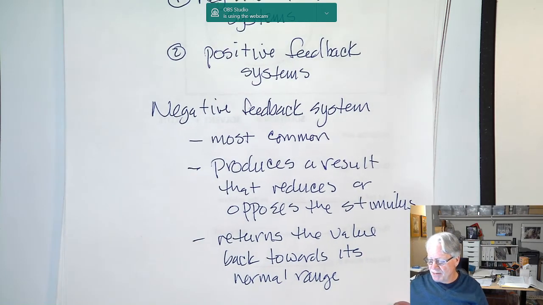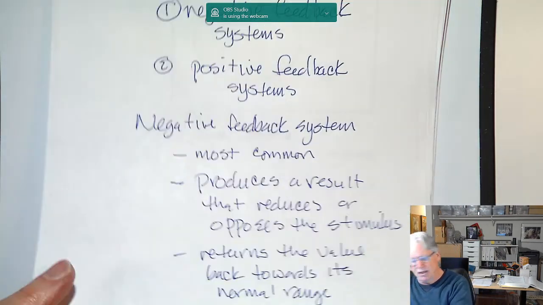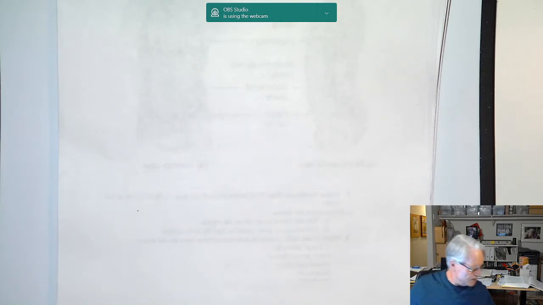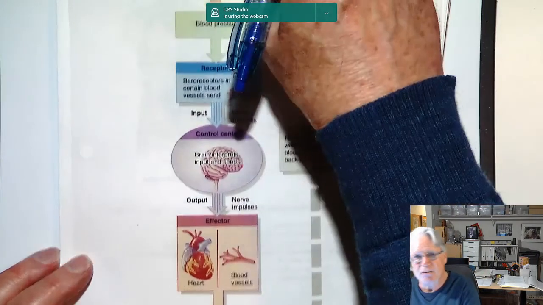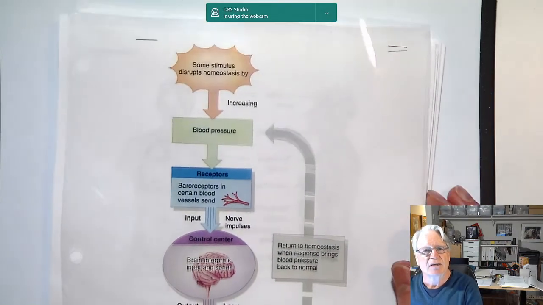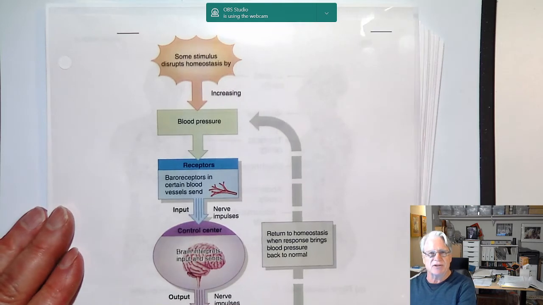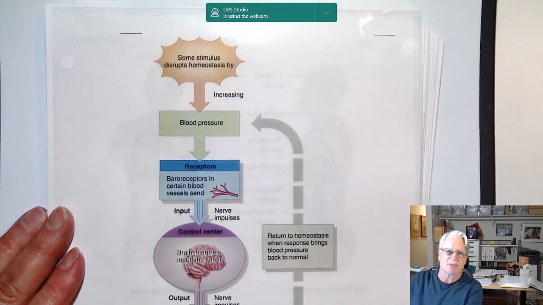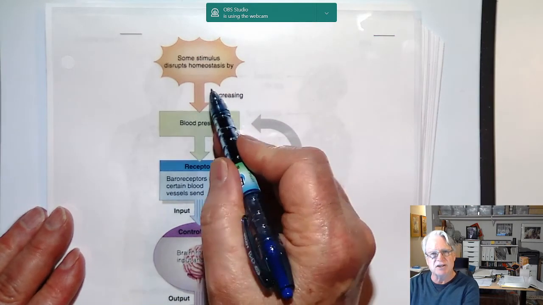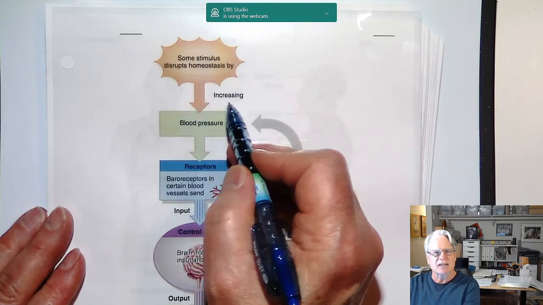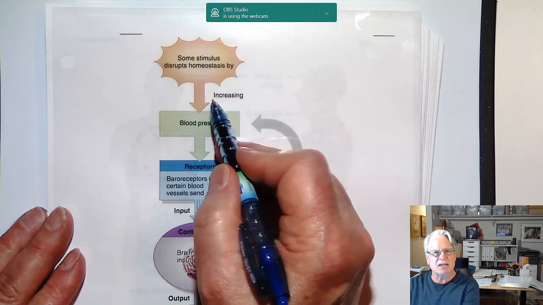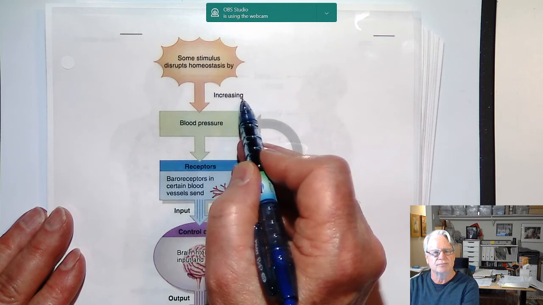Let's use the example that we just talked about, which is blood pressure, and see if this is a positive or a negative feedback system. So here it is. What you want to do if you're analyzing whether this is a positive or negative feedback system is to look at the initial stimulus. The initial stimulus in this case is an increase in blood pressure. Okay.